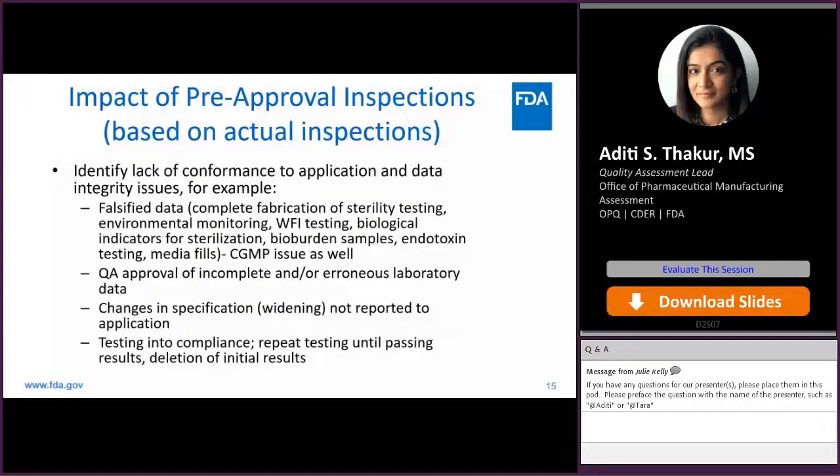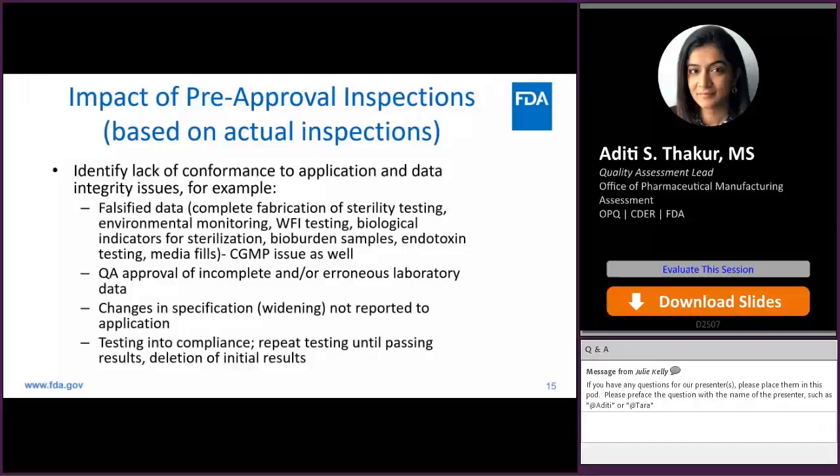In addition, during the pre-approval inspection, if a lack of conformance to the application is identified and certain data integrity issues are observed, for example, falsified data, which can include complete fabrication of sterility testing, bioburden samples, endotoxin testing, or media fills.